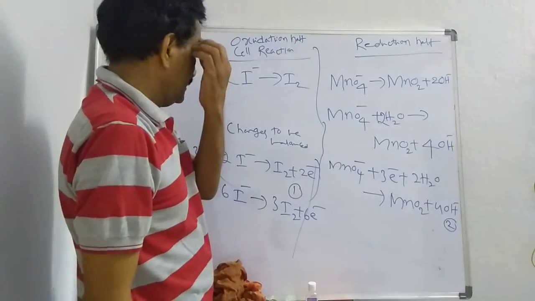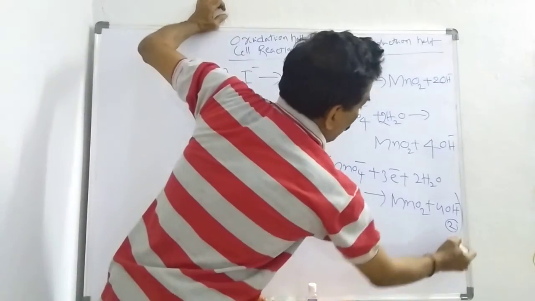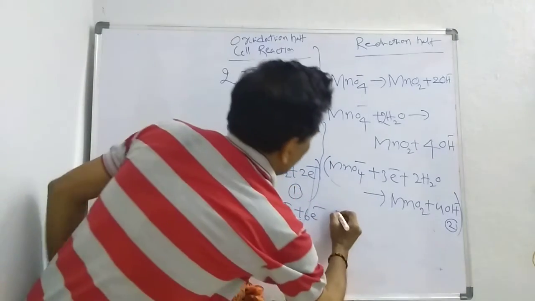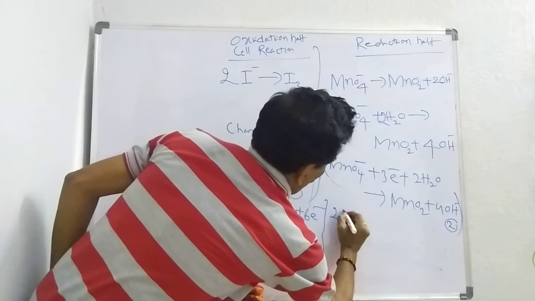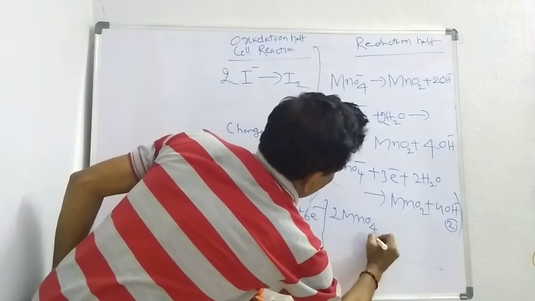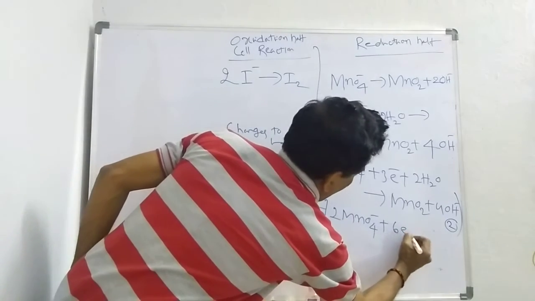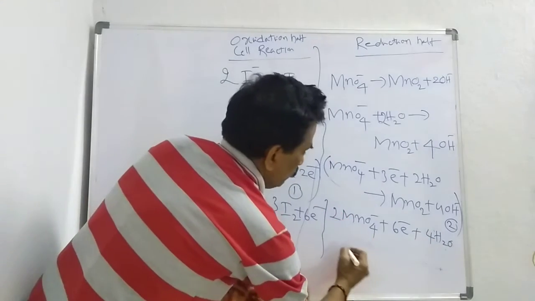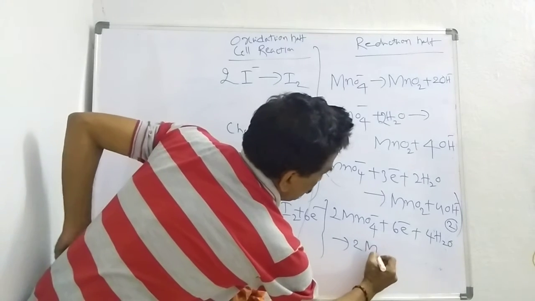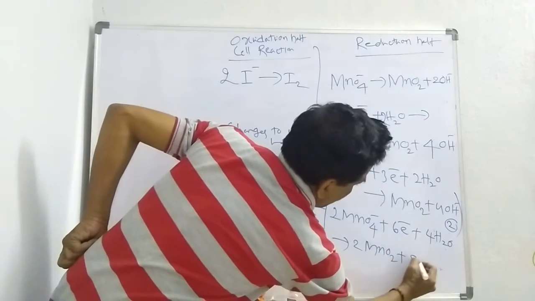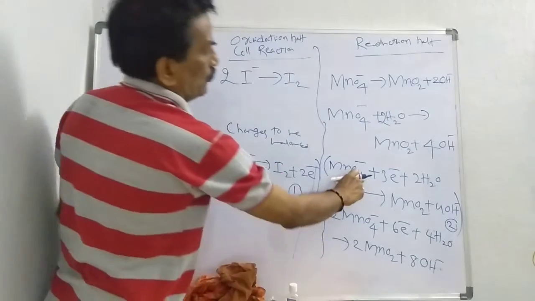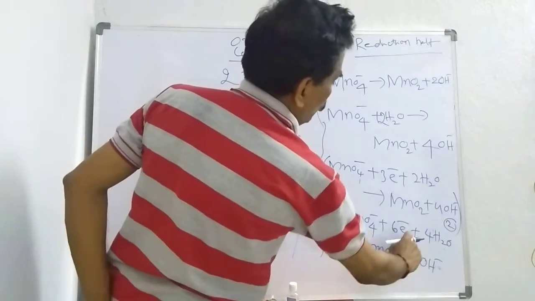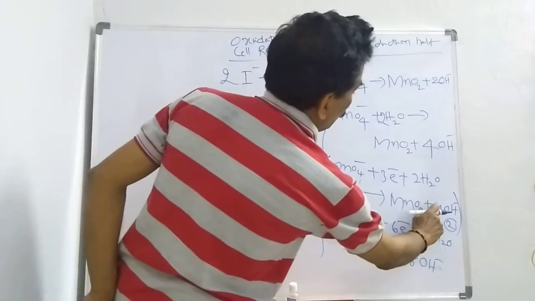Okay. Here, you multiply this equation with 2. 2MnO4 minus plus 6 electrons plus 4H2O gives rise to 2MnO2 plus 8OH minus. 2MnO4 minus, 2 into 3, 6 electrons, 2 into 2, 4H2O, 2MnO2 plus 2 into 4, 8OH minus.